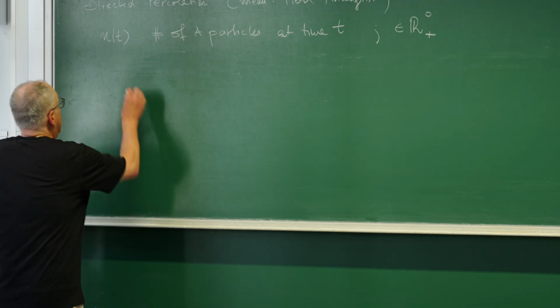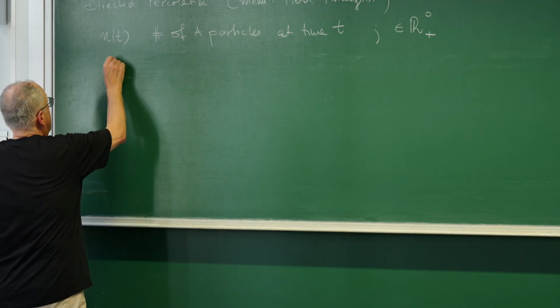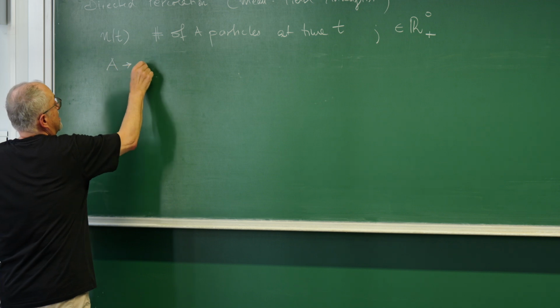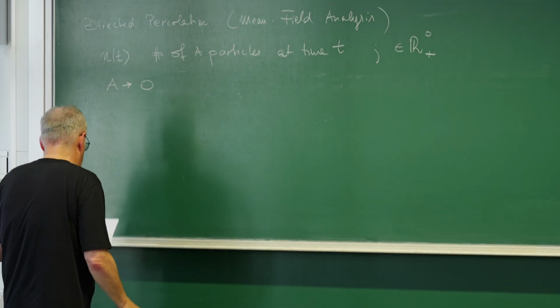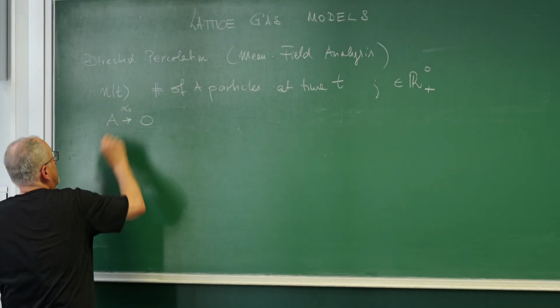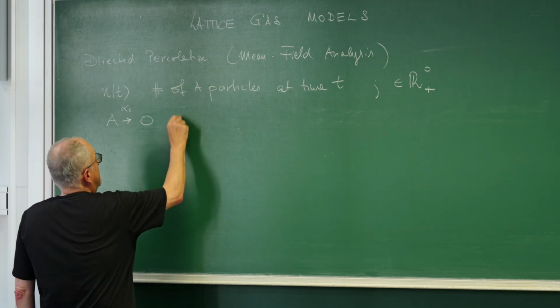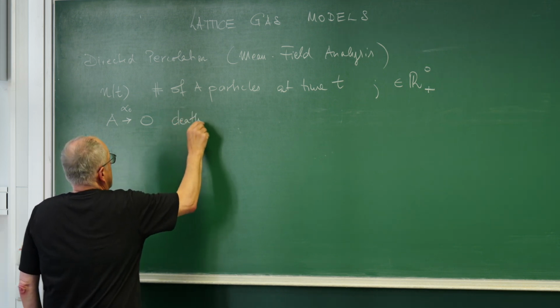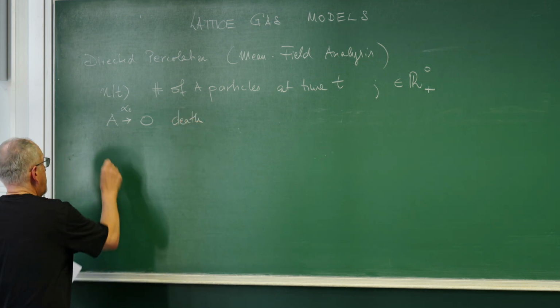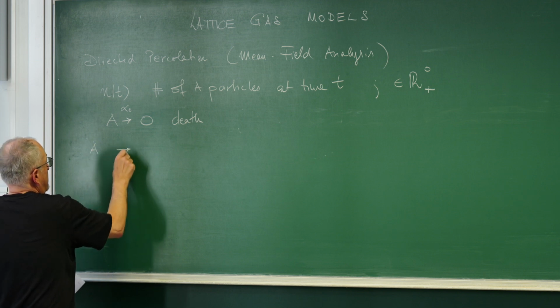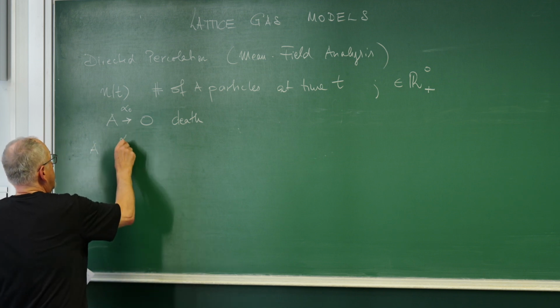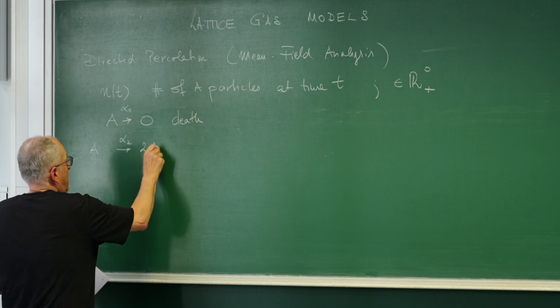As I wrote it down, let me repeat it here on the blackboard as well. It dies with a rate alpha 0. It creates an offspring with a rate alpha 2.